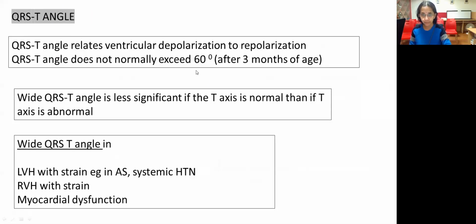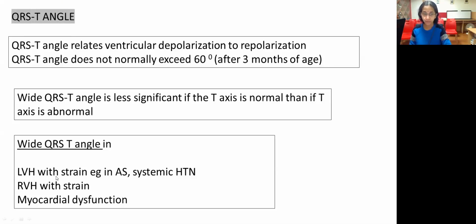If the QRST angle is more than 60 degrees, then it's abnormal. However, the QRST angle is less significant if the T axis is normal than if it's abnormal. So you will take into consideration the T wave axis individually and also the QRST angle. If both are abnormal, then the significance is more.